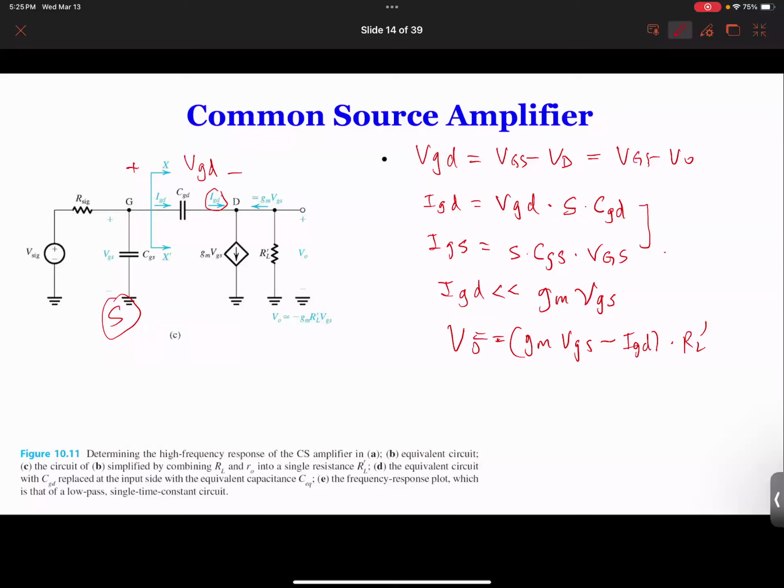Because VGD is so small, this term is so small, so VO is equal to GM VGS times RL prime. So VO can still be approximated to be GM VGS times RL prime because IGD is very small.